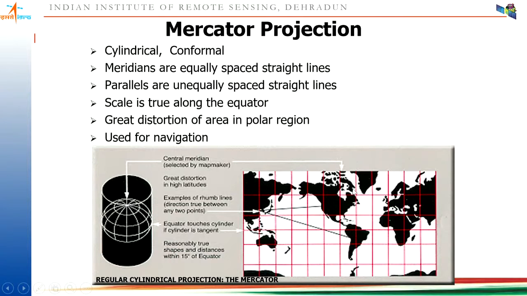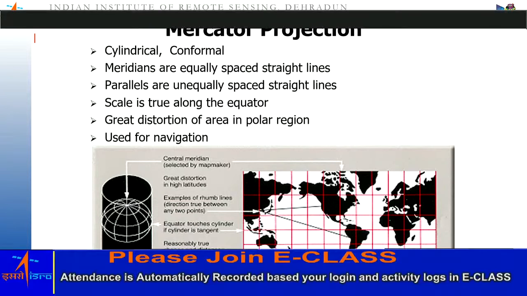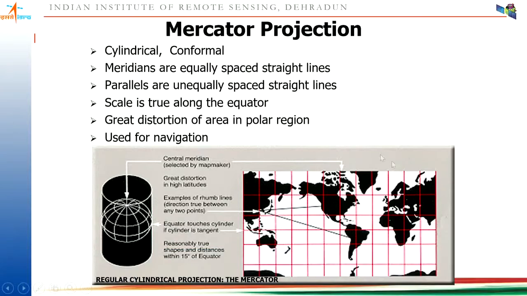It is Greenland. And if you see the actual Greenland with respect to India's size, India looks very small here and Greenland is so much bigger, but in actuality Greenland's size is very, very small. This is because of the distortion.